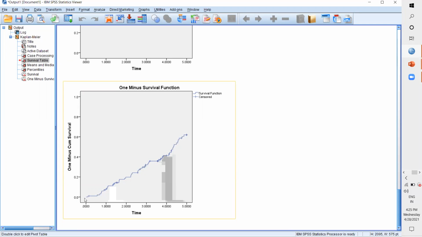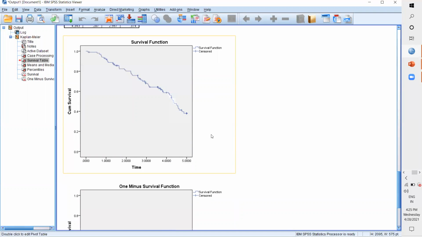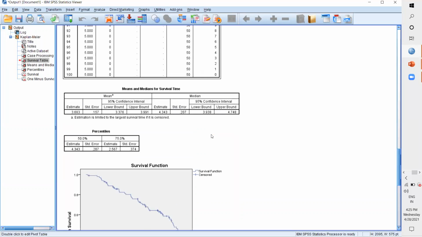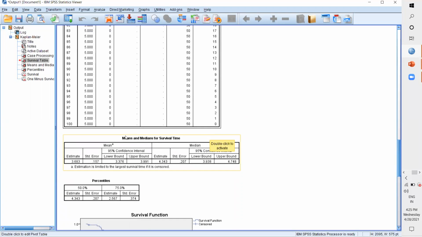Initially no event occurred, and by the end of 5 years around 62% of the individuals have experienced that specific event. So this is how we develop the survival function, and these are the survival function estimates.